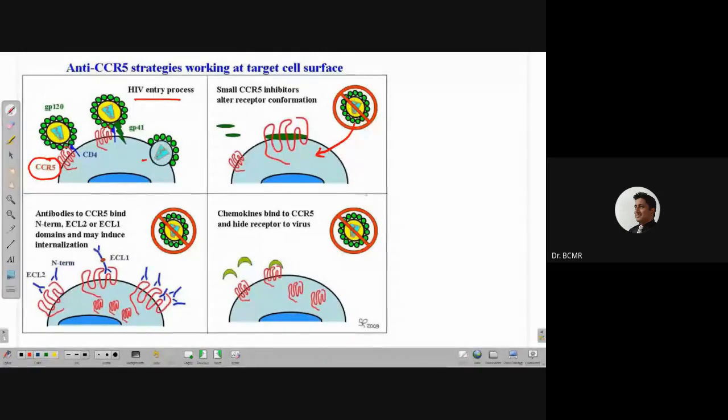So one could use inhibitors of CCR5, antibodies against CCR5, or chemokines that bind to CCR5. You can have smaller proteins. The idea is to disallow the interaction of GP120 and GP41, HIV's proteins, with CCR5. Okay. But then there are issues with that.